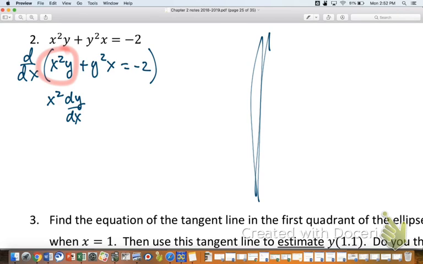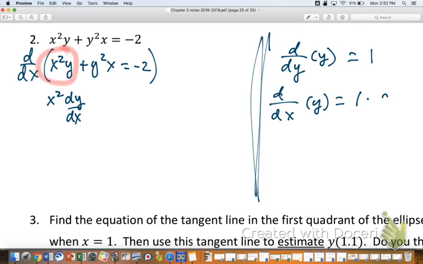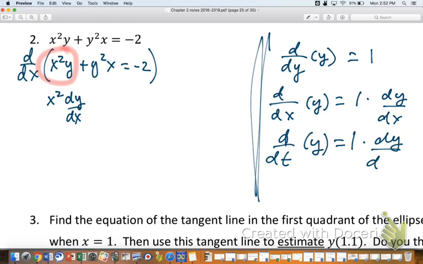This is going to be off to the side, something related but not directly part of this problem. If I said d dy of y, the answer is most definitely 1, and that's it. If I said d dx of y, the answer is 1 times the derivative of the inside. If I said d dt of y, which is something we'll do later, that would equal 1 times the derivative of the inside with respect to t.